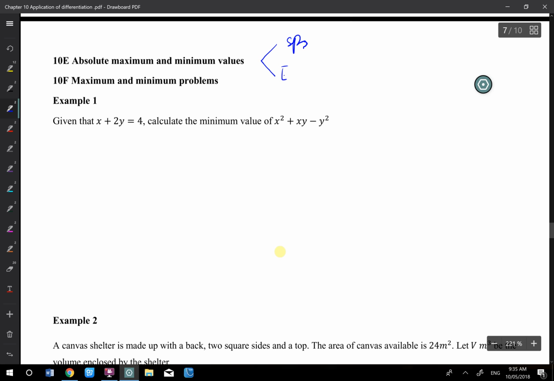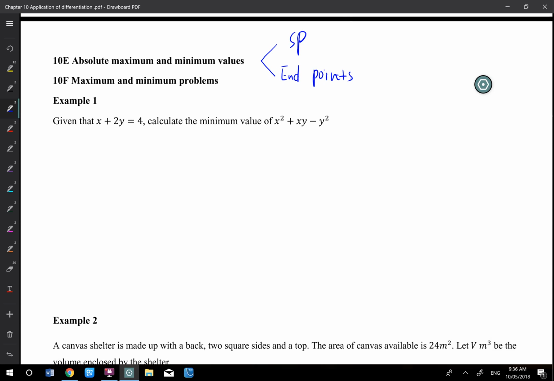Endpoints. Okay, it's either stationary points or endpoints. So the absolute maximum and minimum must exist either at the endpoints or on the turning points, or stationary points.